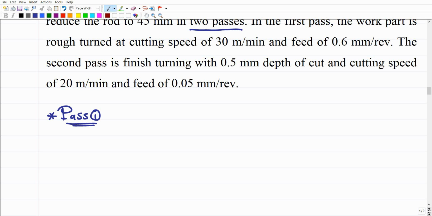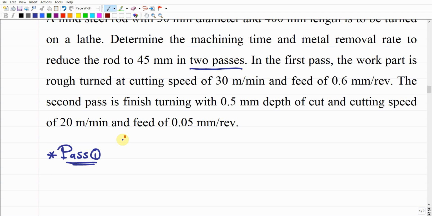To calculate the machining time and metal removal rate, you need these three quantities, F, V, and D. In addition, you should know the original diameter and the final diameter. If you know the original diameter and final diameter in pass 1, in addition to V and F, you are in good shape. You can calculate the machining time and metal removal rate for this pass, then repeat for the second pass. Make sense? This is what we're going to do.